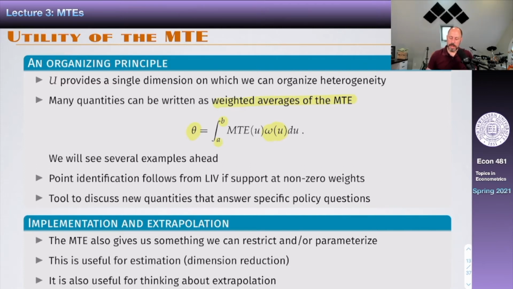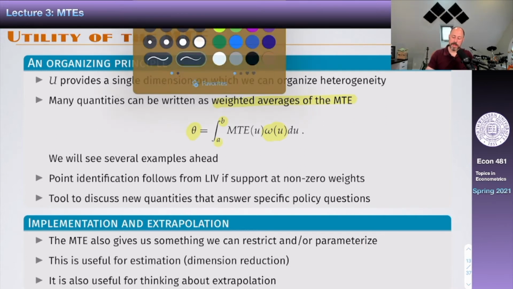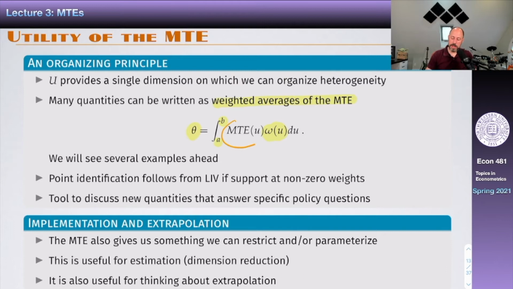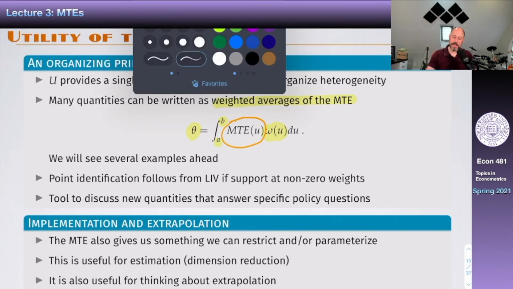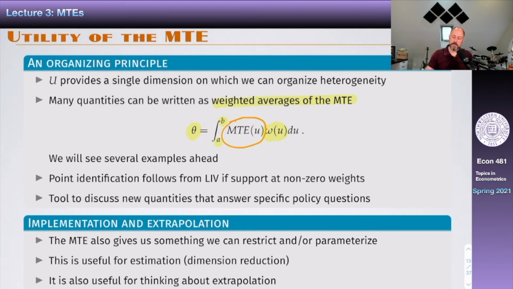It also clarifies something that has to do with interpolation and extrapolation. The MTE gives us something that we can restrict or parameterize, which is this function. This function is non-parametric, but in principle we can model it and make assumptions. Suppose we assume that it is linear in U, just to make it simple.